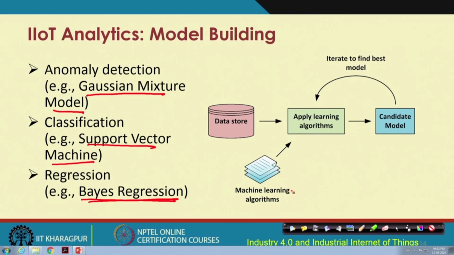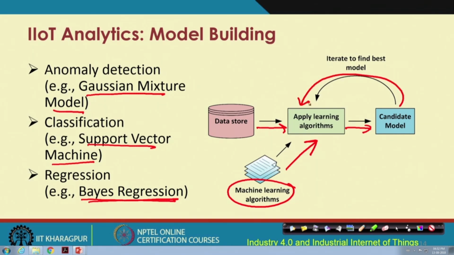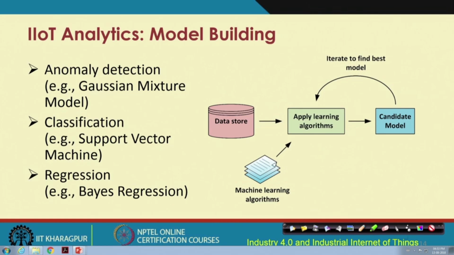So, basically machine learning algorithms could be implemented. Those algorithms could be applied on the data that comes from the data store, and then these candidate models are built and then are fed back to these different learning algorithms to improve upon their course of action.